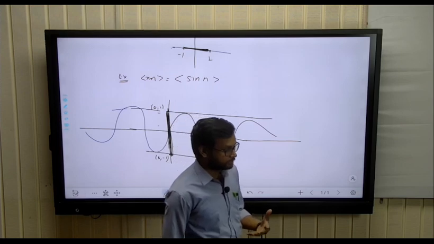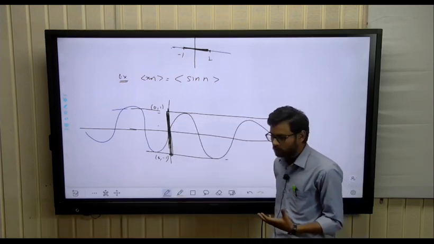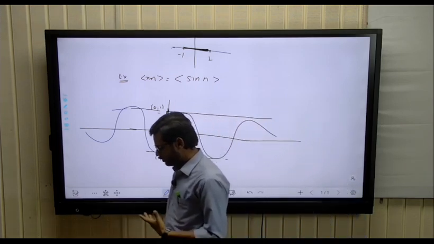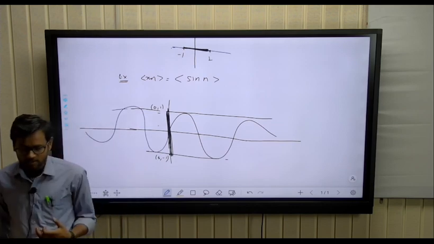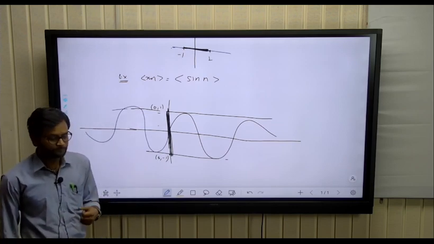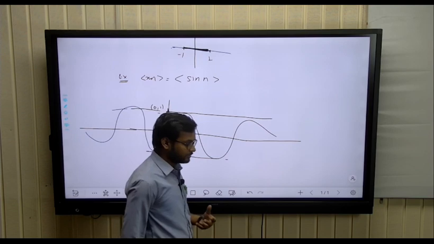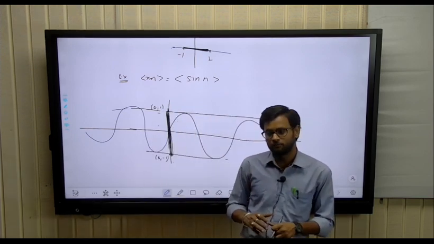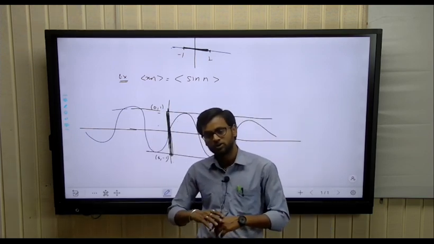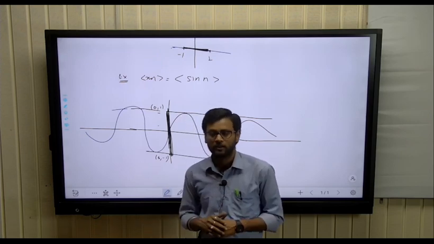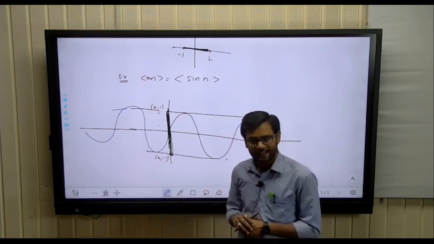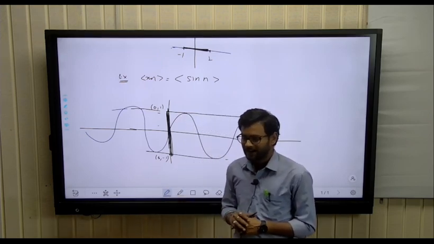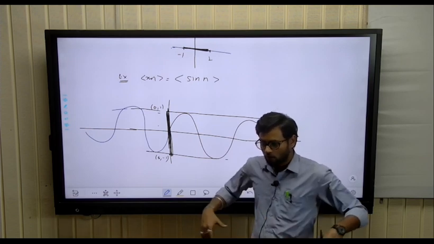Now I will tell you the use of a sequence. When mathematicians worked on numbers, they realized that we have infinitely many numbers, so it is not possible to study all numbers.